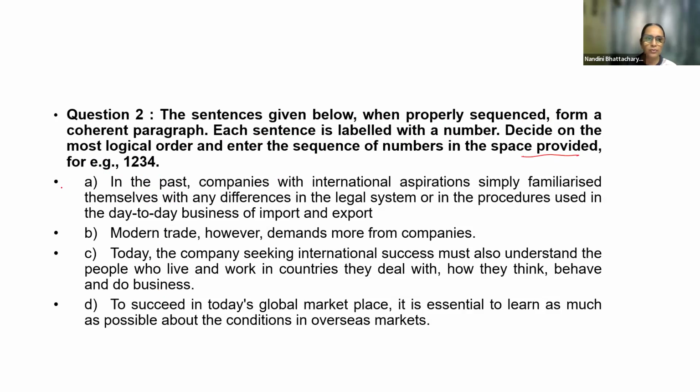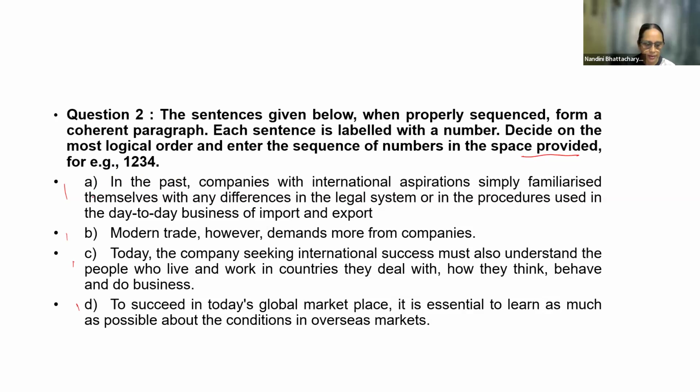So now what you have to do, you have to read each of them and figure out what comes first, what comes together, what form mandatory pairs, and what can come after that. Now this is one of the IPMAT questions from Indore. I think it was in 2019 or 20, something of that sort.